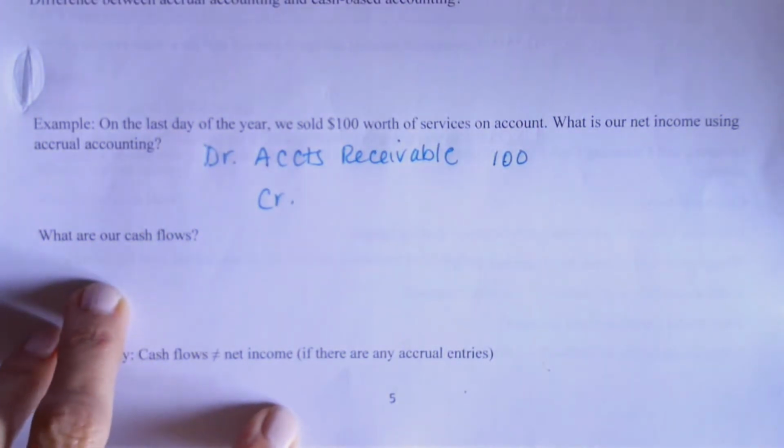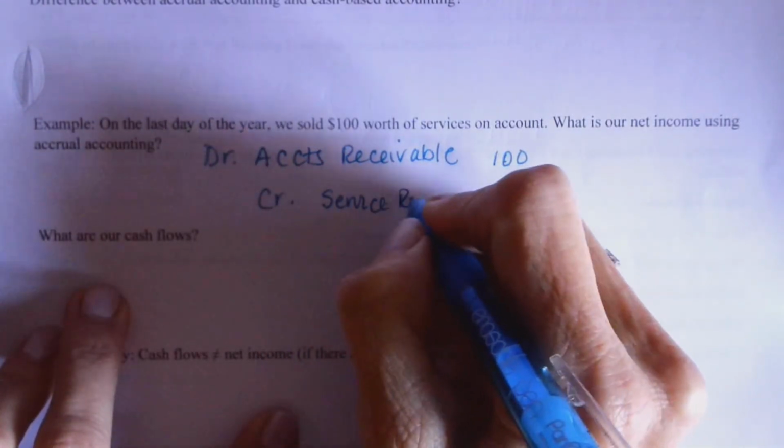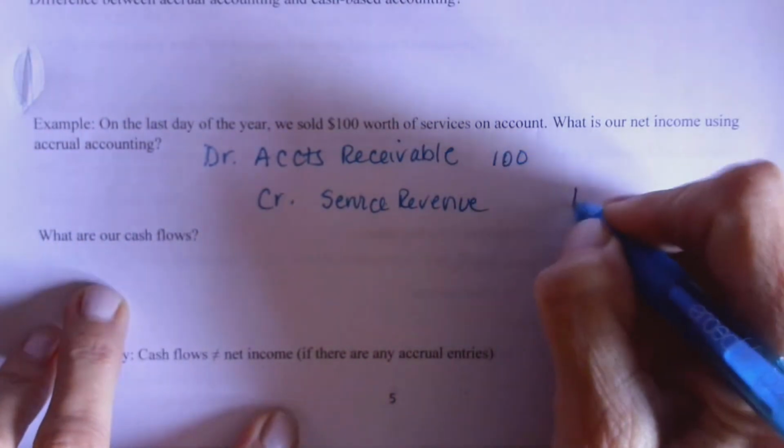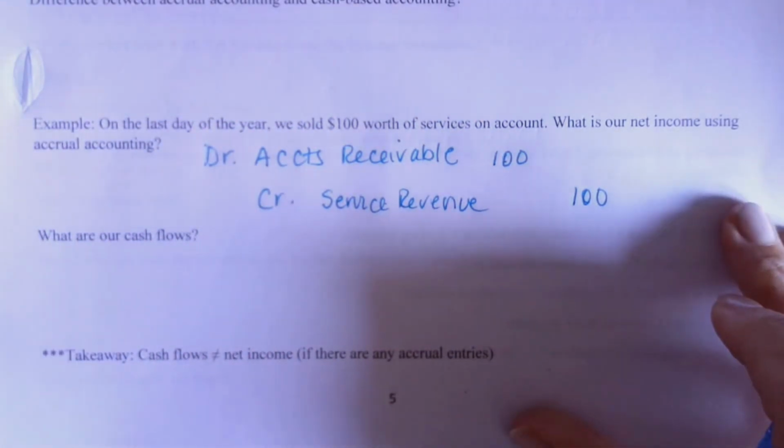Service revenue. So in accrual accounting, you get to record revenue before you get paid, right? And it's the same with expenses. You can record expenses and then a payable, okay?